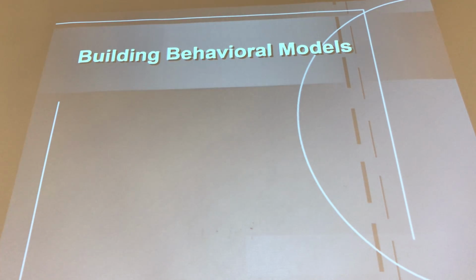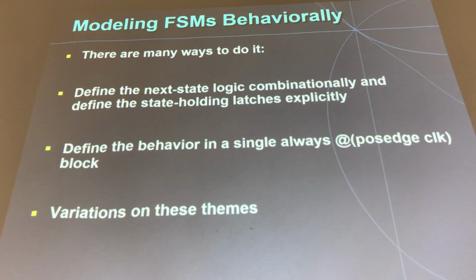Building behavioral model. So now we are going to look at finite state machine. It's a sequential circuit with a flip-flop with some combinatorial circuit. There are more than one way to do it. It's related to the technological design, sequential circuit.